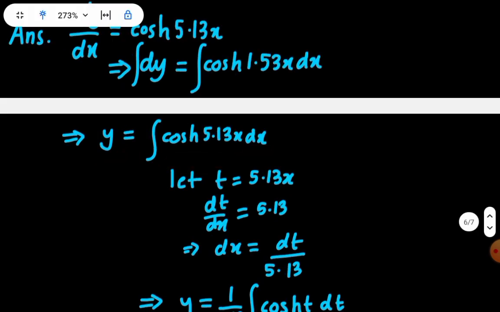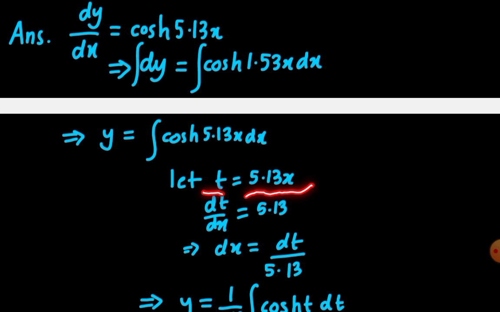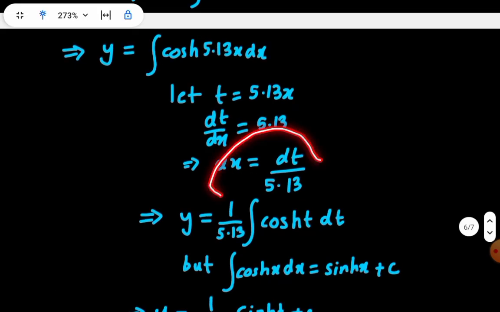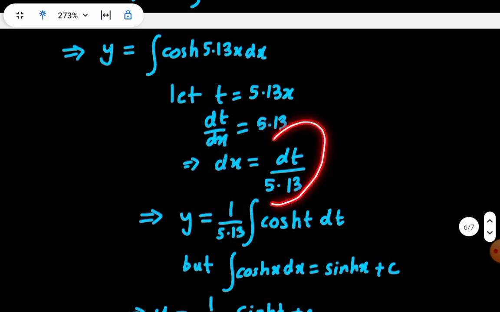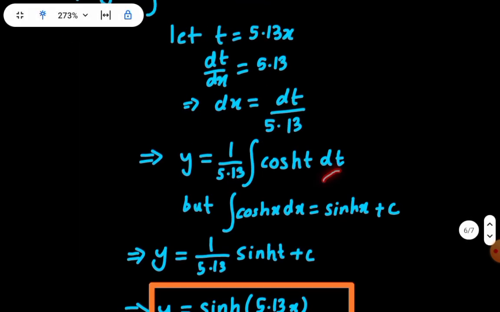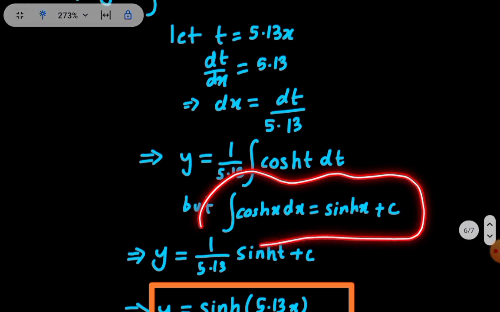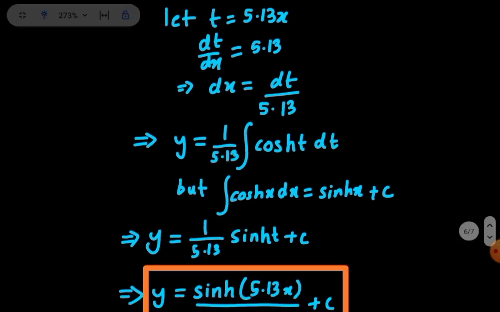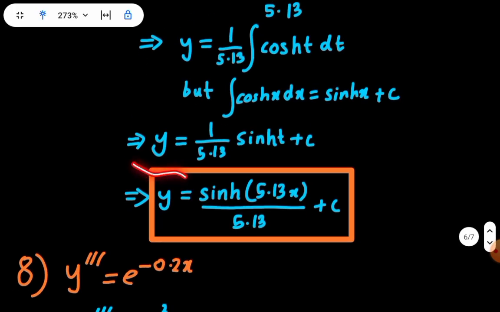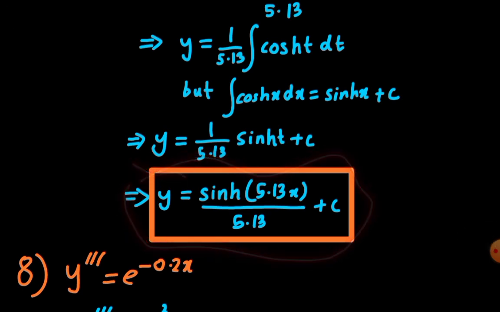We take t equals 5.13x, differentiate it, get dx as an expression of dt, put it in, solve it using this just discussed formula, and hence we get this final expression, nothing too complicated.